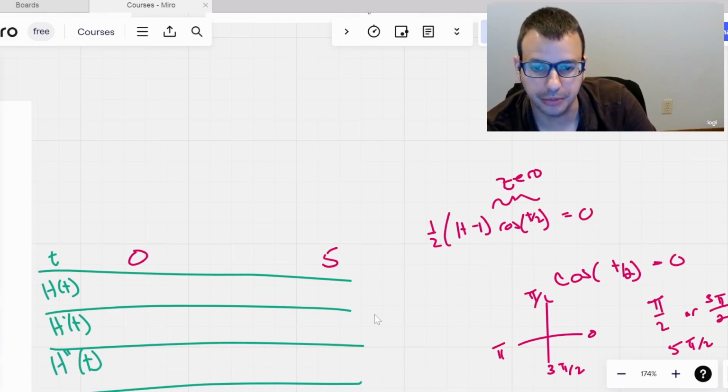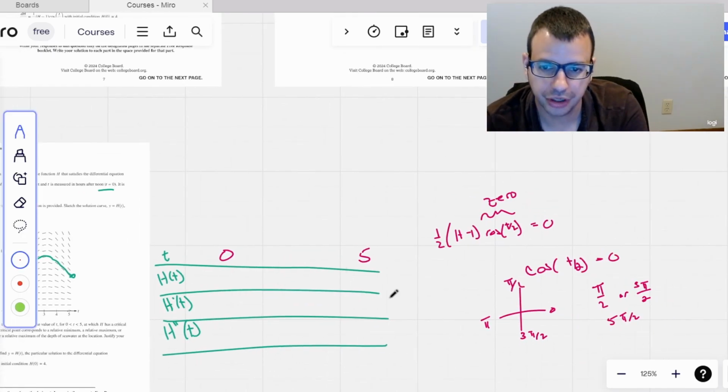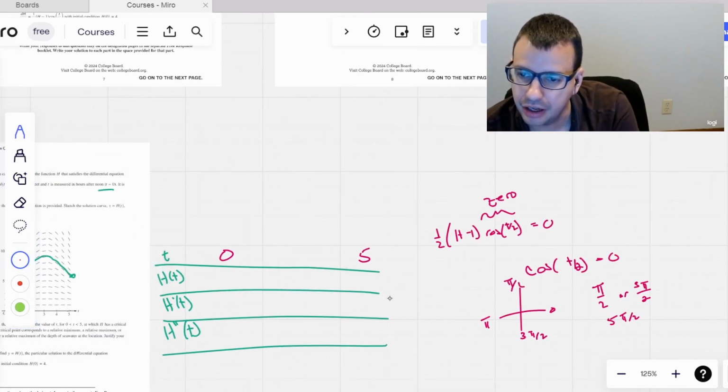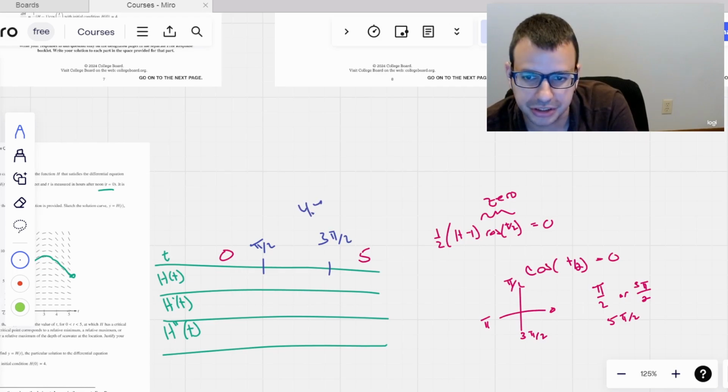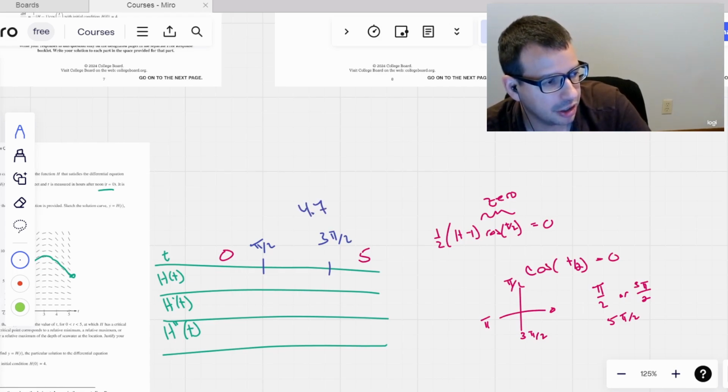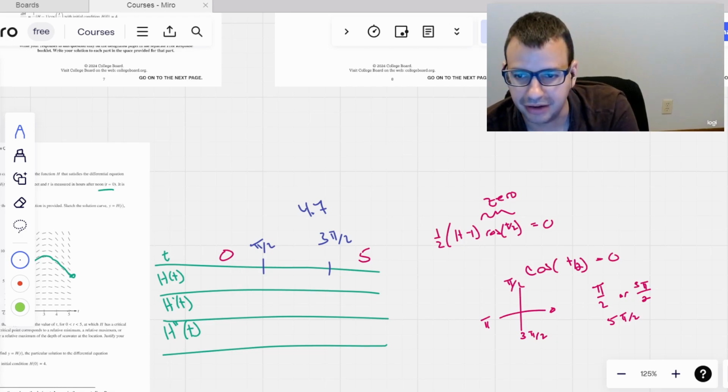So we're going to have two critical points. We're going to have pi over 2, and I'm going to do 3 pi over 2. So 3 pi over 2 is about 4.7, and a normal pi over 2 is going to be 1.5. I probably could have guessed that one.